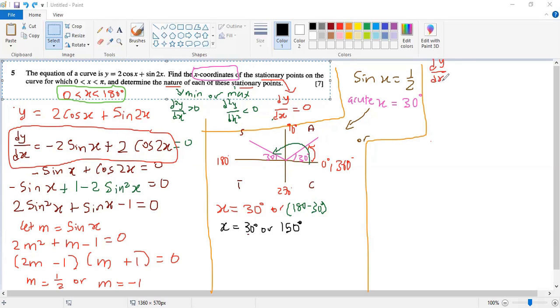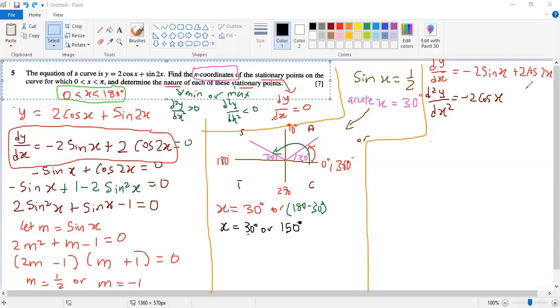dy/dx equals -2 sin x plus 2 cos 2x, taking it from the earlier step. We do a second differential. Just continue the differentiation, please. So d²y/dx². When you differentiate sin x, it is cos x, so we have negative 2 cos x.